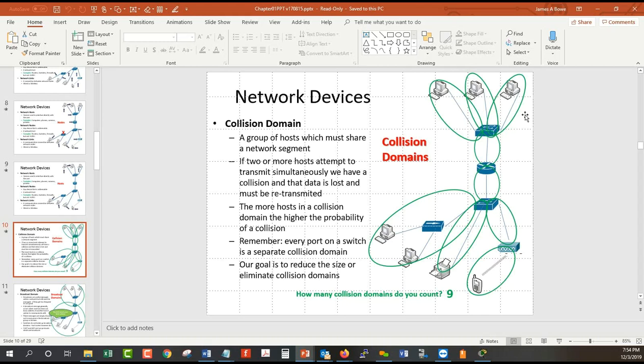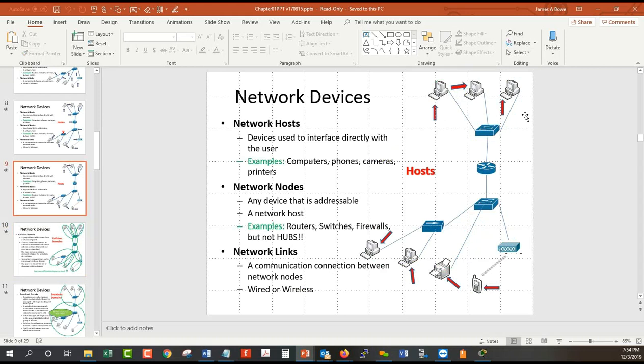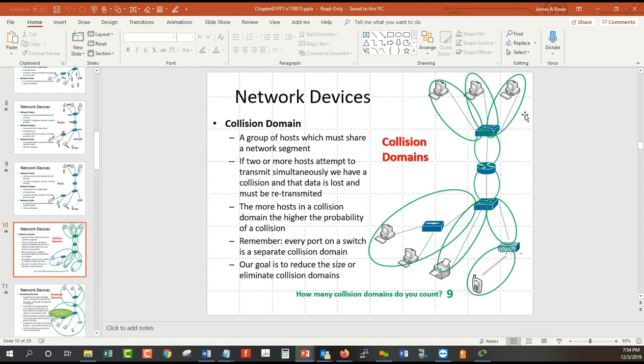And every connection on a switch is a collision domain. So this switch has 4 connections to it. So here you can see we have 4 collision domains, 1, 2, 3, and 4. So that's 4 right there.